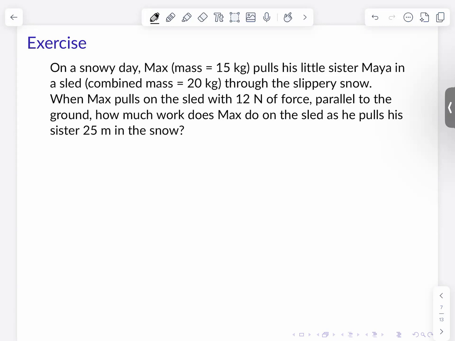Okay, you already know the equation. You already solved one. Plug in, chug in. If I'm asking for the work done by a force, you can just use the formula for work.